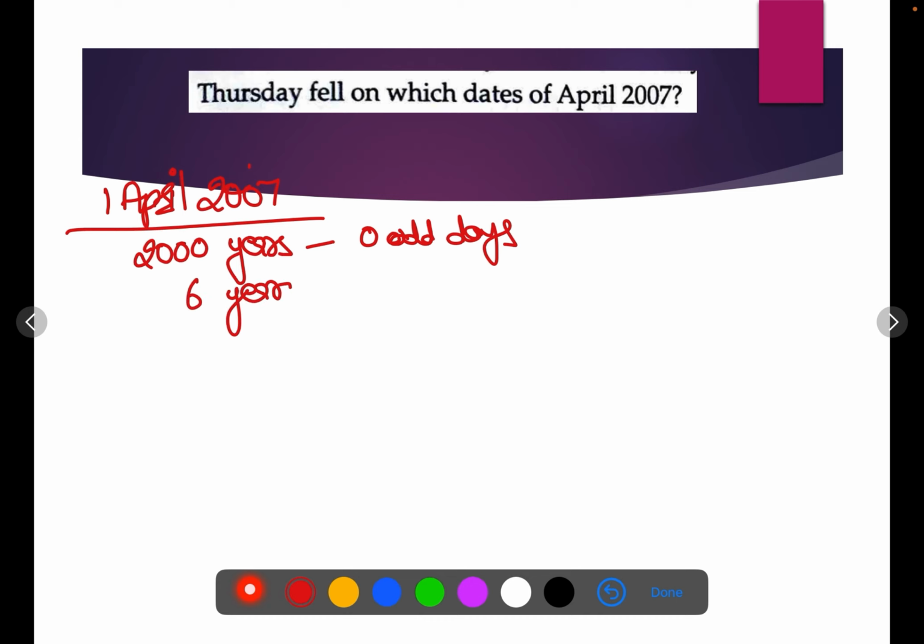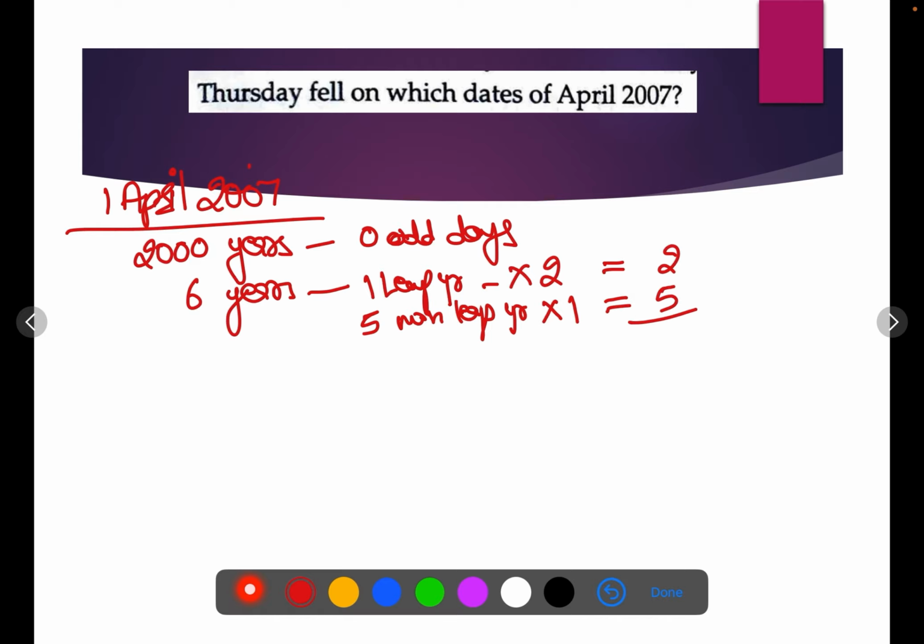So 6 years has 1 leap year and 5 non-leap years. Leap year means 2, non-leap year means 1 odd day. So it is 2 and this is 5. So 7. 7 odd days means 0 odd days.